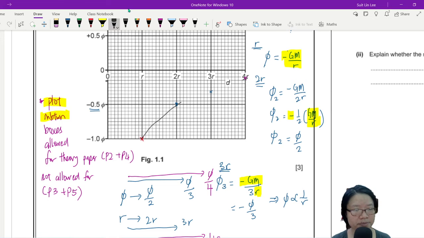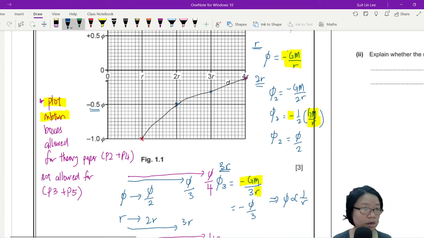Anyway, as long as the curve looks reasonably smooth, you are okay. So yes, that is what we will do for this part. Good enough.